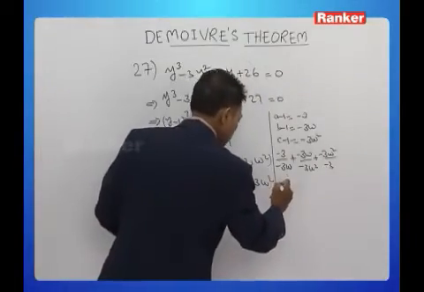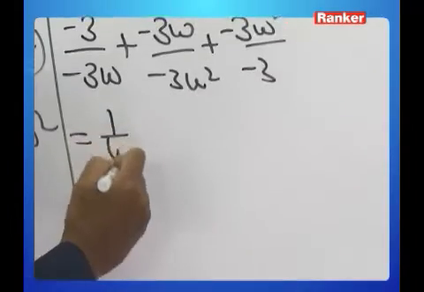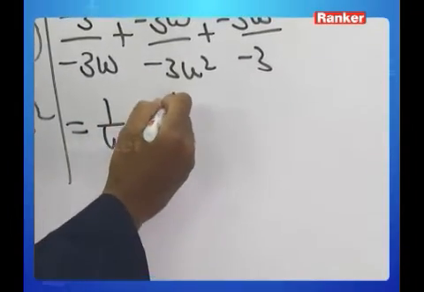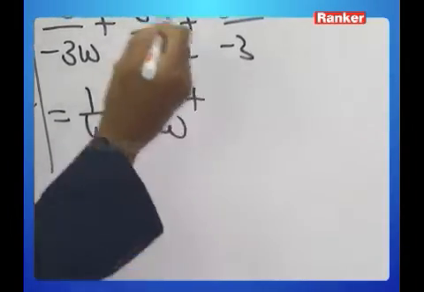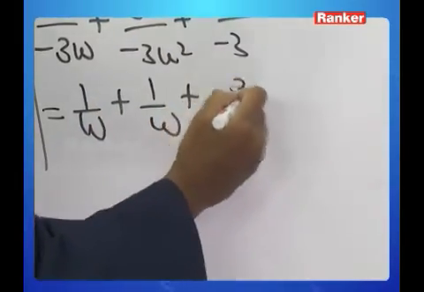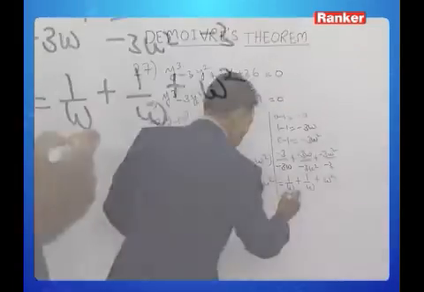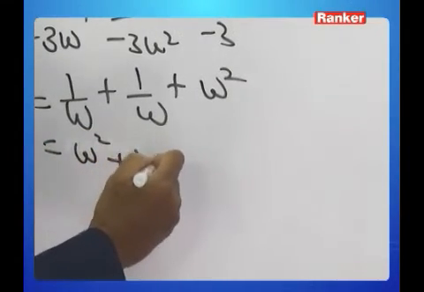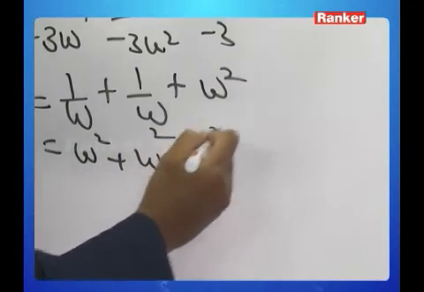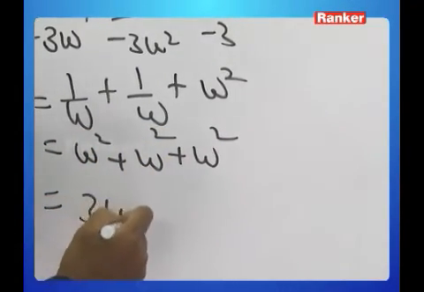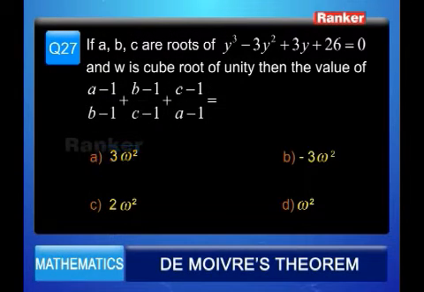Let us see what is the answer. 1 by omega, this is 1 by omega, this is omega square. Again, if you replace 1 by omega with omega square, omega square plus omega square plus omega square, which will give you 3 omega square. This is the right answer, and the right option is the first option.